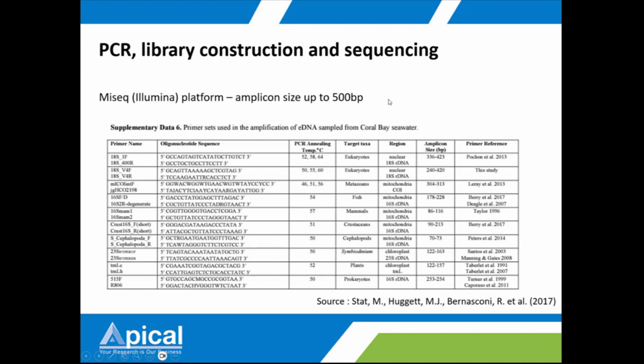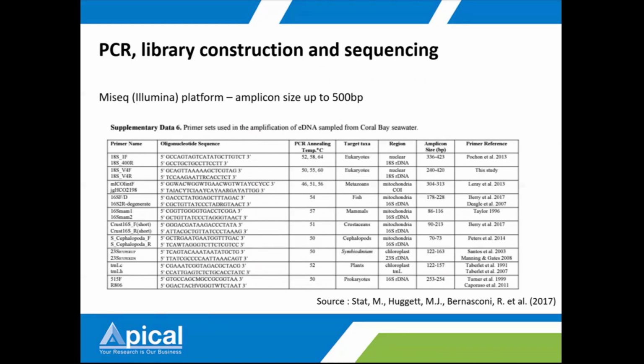And for the primer, there are a few available. As I mentioned earlier, you can always go back to the paper and see what they are doing. For example, for Illumina you can use the primer from the paper by Star et al. Also, you need to consider the sequencing platform used for eDNA.